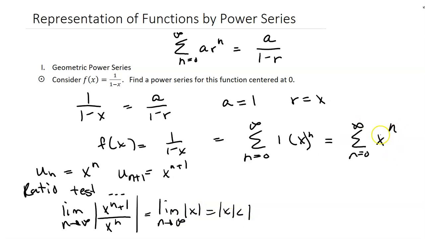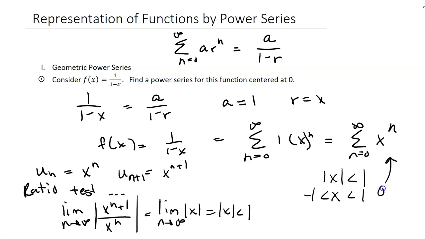Or you could use the geometric portion and say that the absolute value of x has to be less than 1 because the absolute value of r has to be less than 1. So x can only be in the interval from -1 to 1. And of course you'll find that the endpoints don't work on this one as well, because that would make the series diverge.